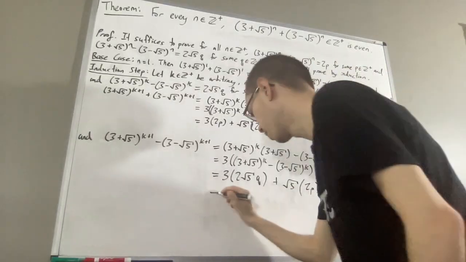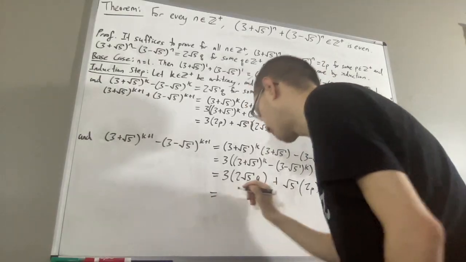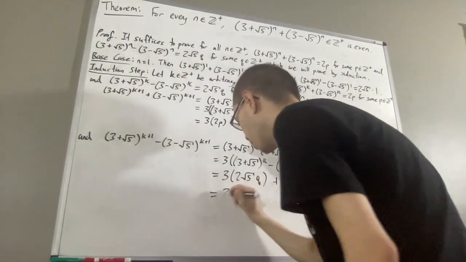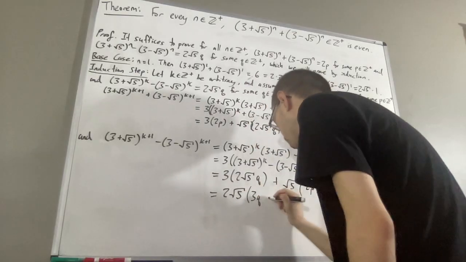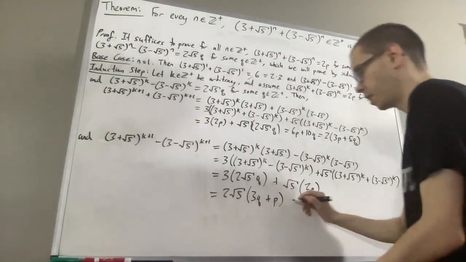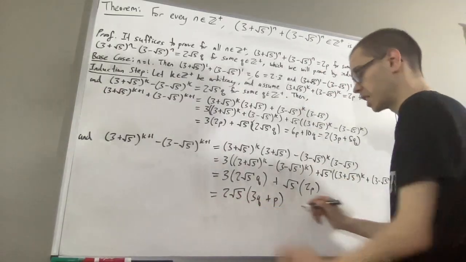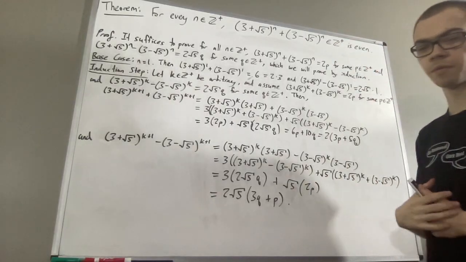So then in this case, we just factor out the 2 radical 5 right away. This is 2 radical 5 times 3q plus p. And that's it. Right? This is 2 radical 5 times some positive integer. So this completes the induction step.